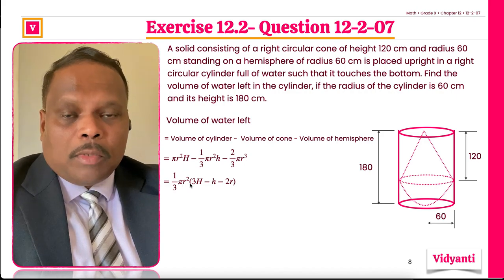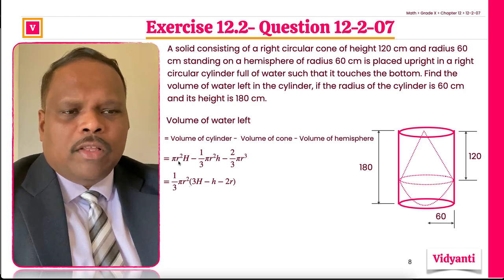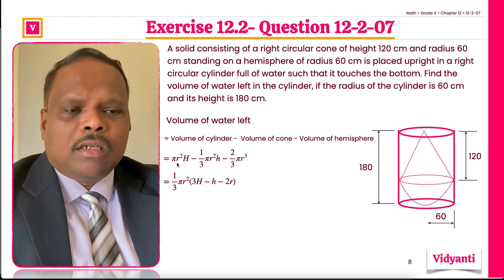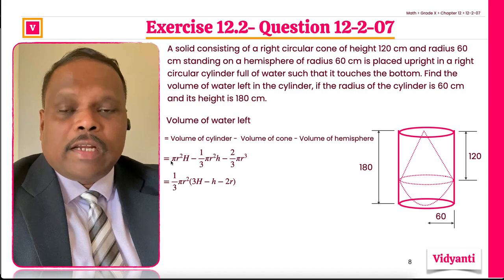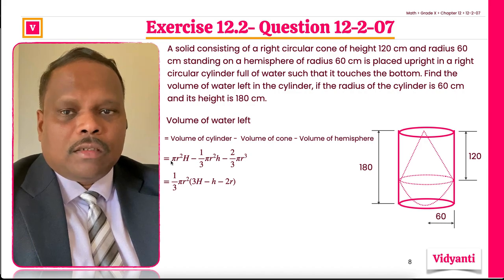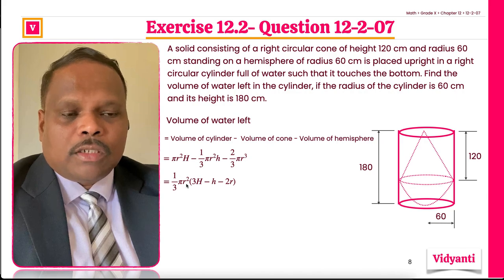We can take pi r square common, and I will also take 1/3 common, even though 1/3 does not appear in the first term. In order to compensate for that, I will multiply it by 3. So indirectly I am saying this is 1/3 of 3, which is the same as 1. So once you take 1/3 common from the first term, you have 3H. From where is this 3 coming? 1/3 times 3 is the same as 1, so eventually it balances out.